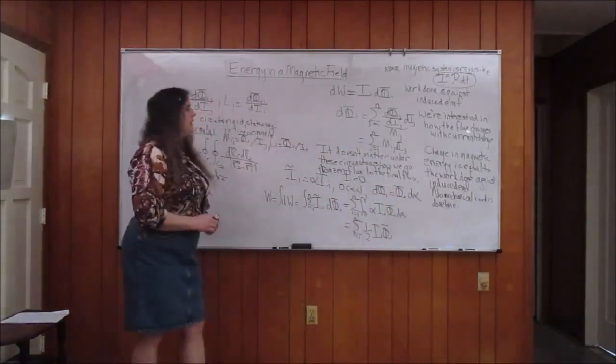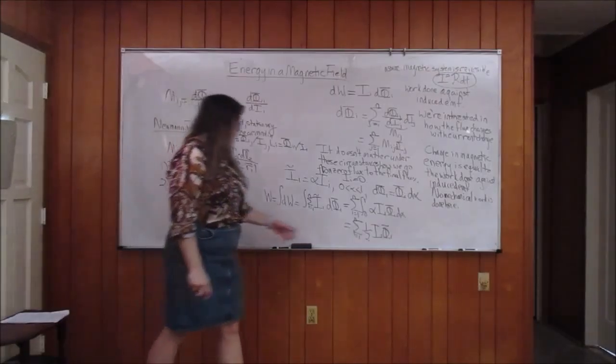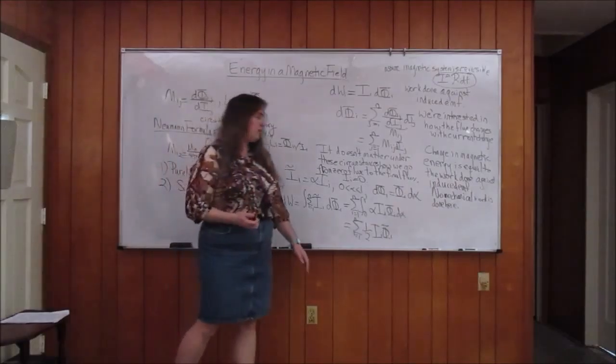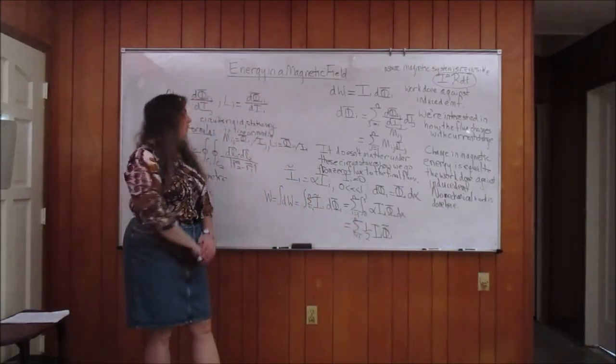And that is the energy stored in the system or in the fields. Summation i equals 1 to n, number of circuits in the system, 1/2 current in i times the flux through i.